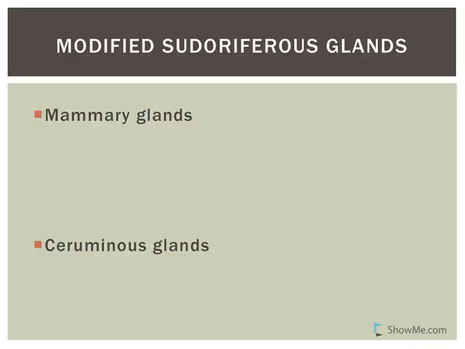Now, there are a couple of modified apocrine sweat glands, and the first one, which you write down in your notes, is ceruminous glands. These are found lining your ear, and they secrete something called cerumen, which is waxy. So think of your earwax. It has an antibacterial quality to it.